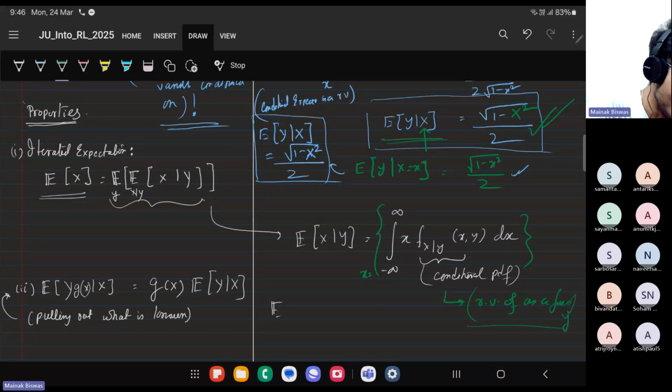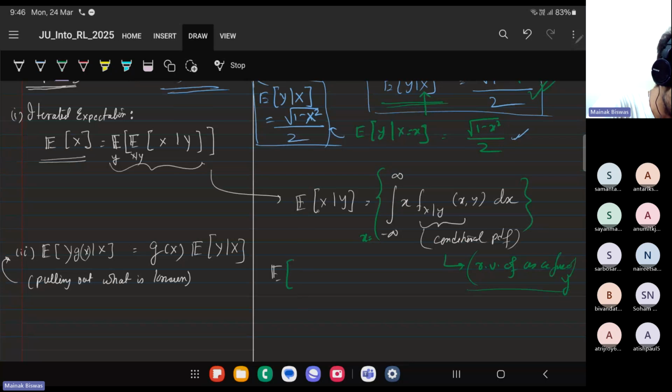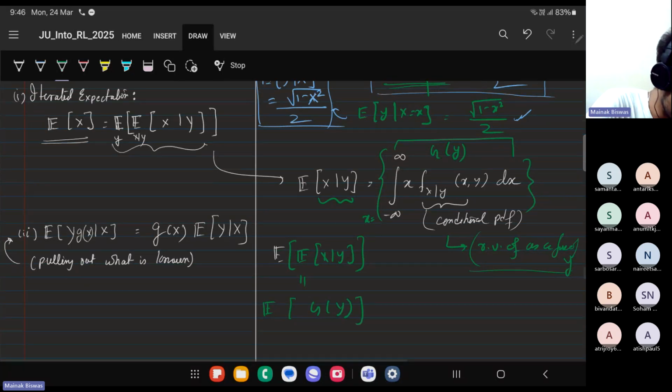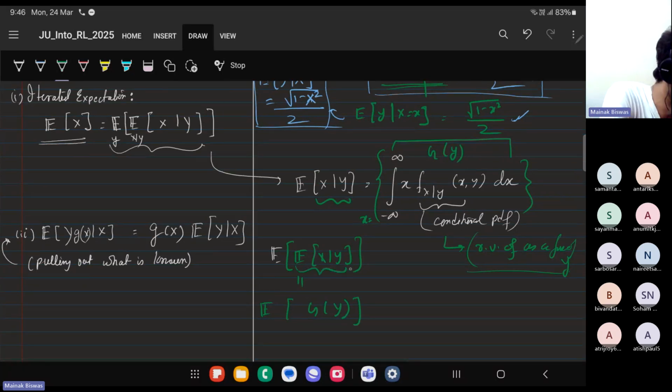So you see, this function I can write as some function g of y, because x is being integrated out. So this expected value of x given y can be written as expected value of g of y. Yes or no? Since it is a function of y, I took that value.